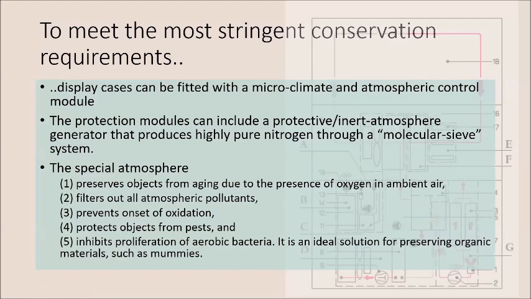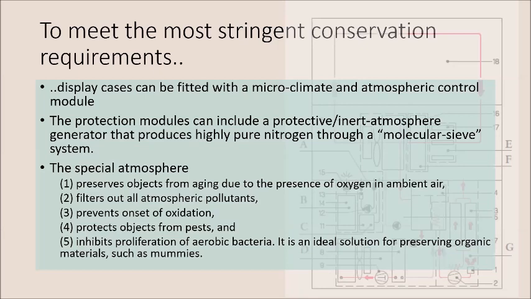So to meet those more stringent conservation requirements, we'll see that display cases can be fitted with microclimate and atmospheric control module. The protection modules can include a protective or inert atmosphere like nitrogen. So a generator that produces highly pure nitrogen through a molecular sieve system. There's a molecular sieve, so air passes through it and only nitrogen is going through it.